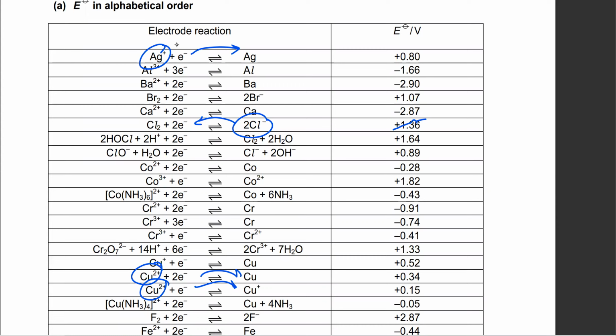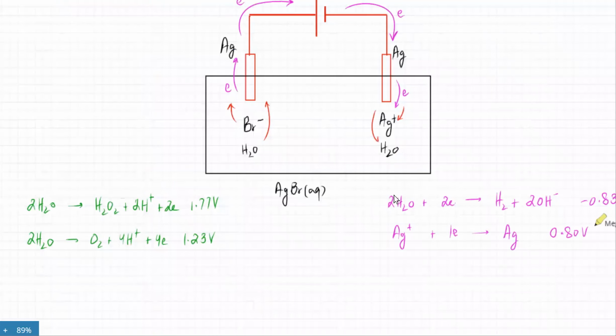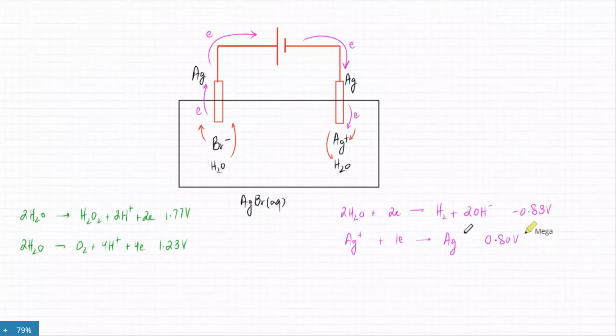Ag+1 gaining 1 electron, and it's forming silver. And the value is 0.80 volts. So I found an equation for Ag+1, Ag+1 gaining 1 electron.